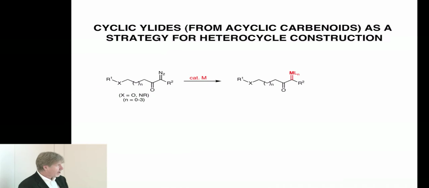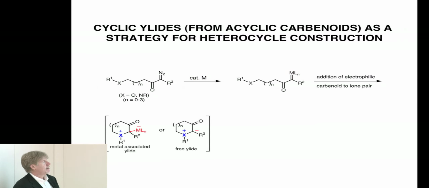Well, we were confident we could do that. And what we were hoping was that this metallocarbene, which is quite electron deficient, would react with the lone pair on the heteroatom in such a way that we reach around and close a new ring.